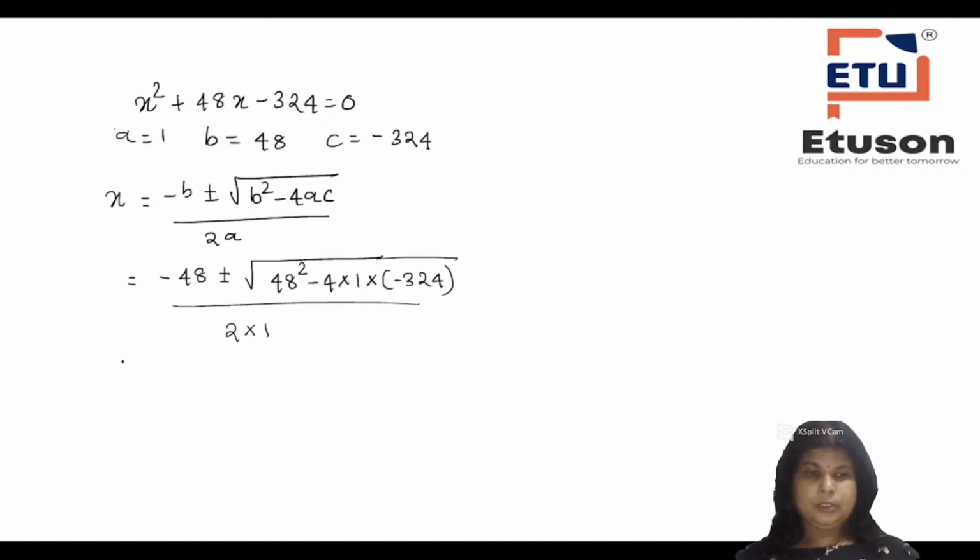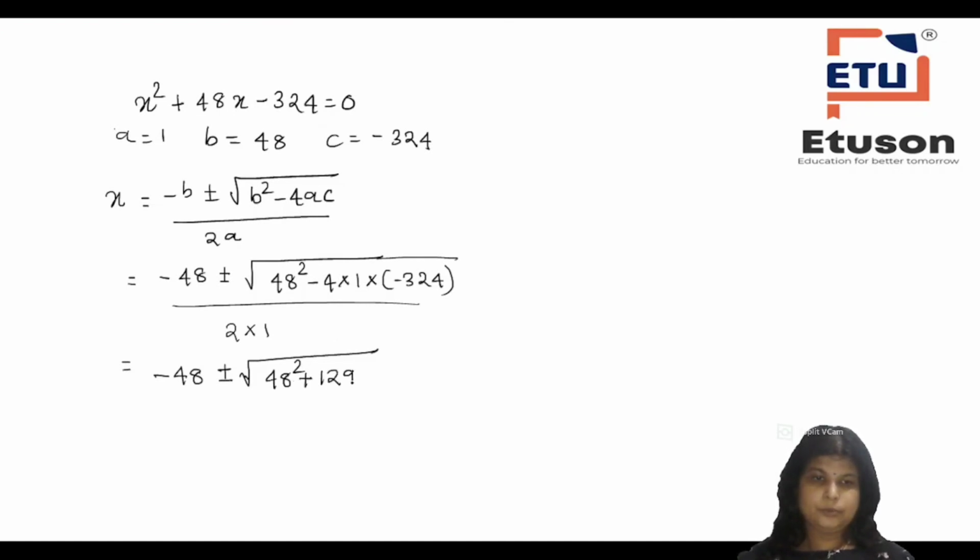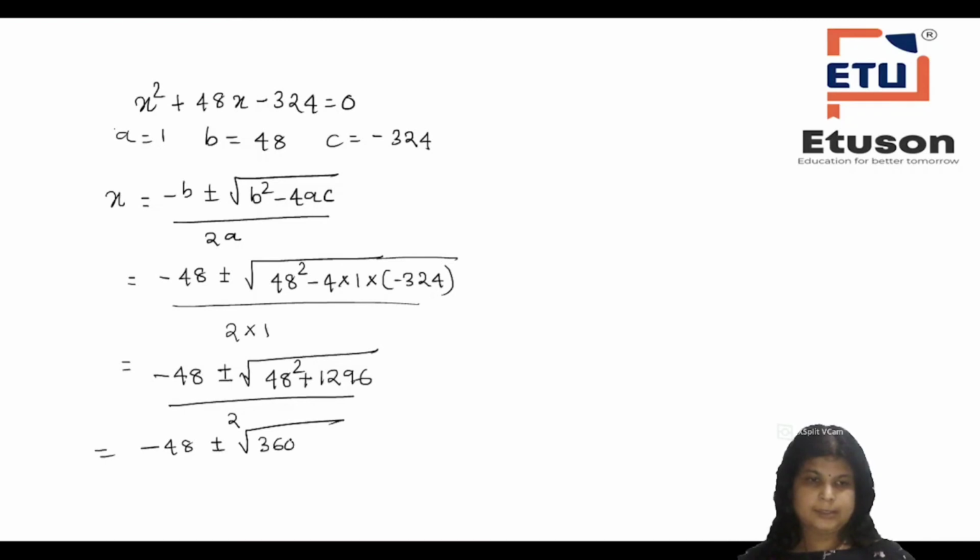So if you solve it, you will get minus 48 plus or minus square root of 48 square, this becomes plus 1296, divided by 2, that is minus 48 plus or minus square root of 3600 divided by 2.